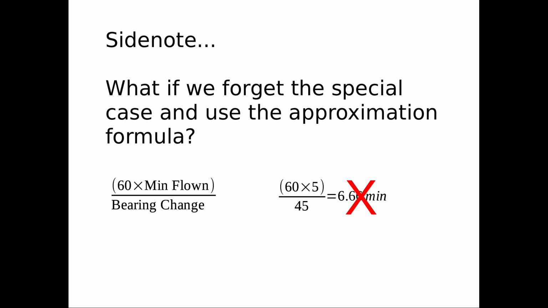And it's not only wrong in real life, it's also wrong on the test because this was a special case. The reason this was a special case and the reason that the formula didn't work is because the 45-degree change in relative bearing breaks the approximation formula. The approximation formula fails anytime you get significantly away from the abeam point of the nav aid.